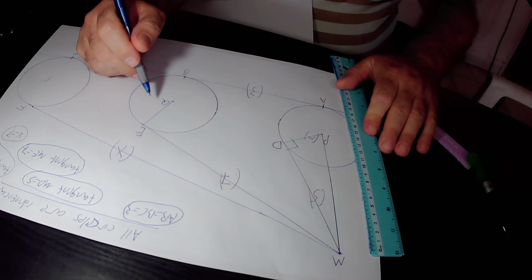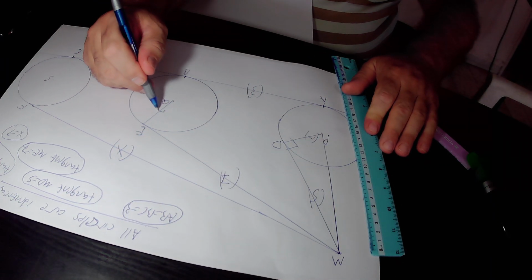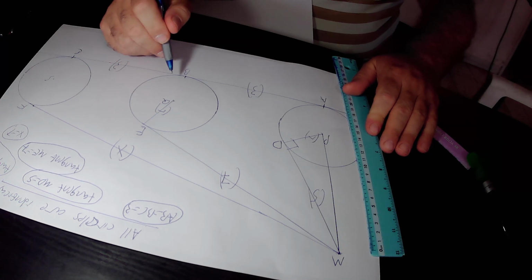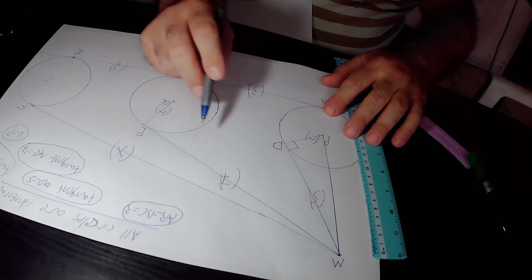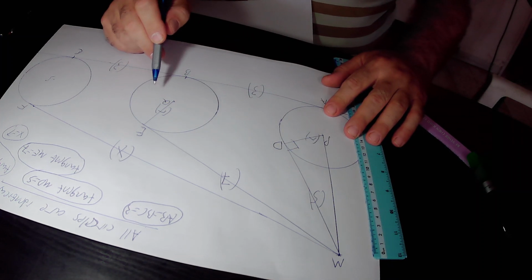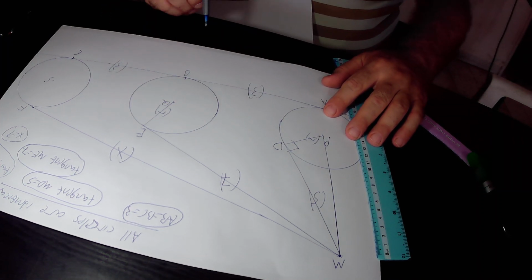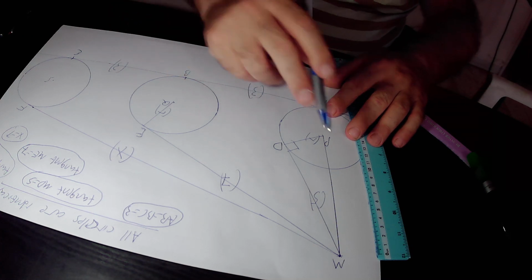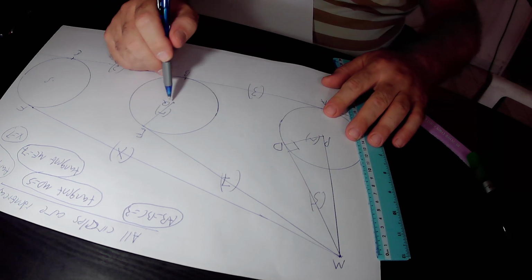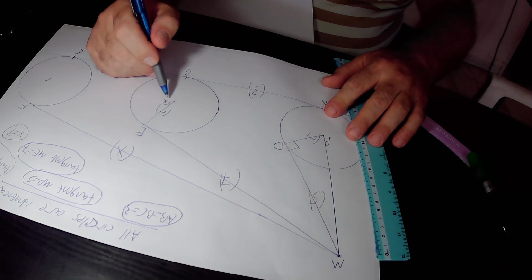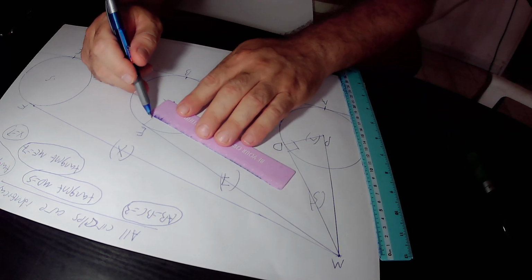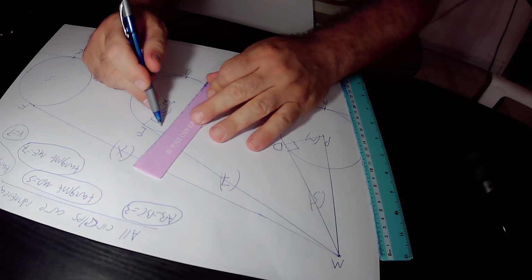QE is of course the radius of this circle that is equal to R. According to the same rule, because the radius QE is drawn to point E, that is the point of tangency of the tangent ME with this middle circle, and whenever you have a radius that is drawn to the point of tangency, then tangent ME will be perpendicular to the radius EQ. If ME is perpendicular to EQ, it means that this angle equals 90 degrees according to rule 1.